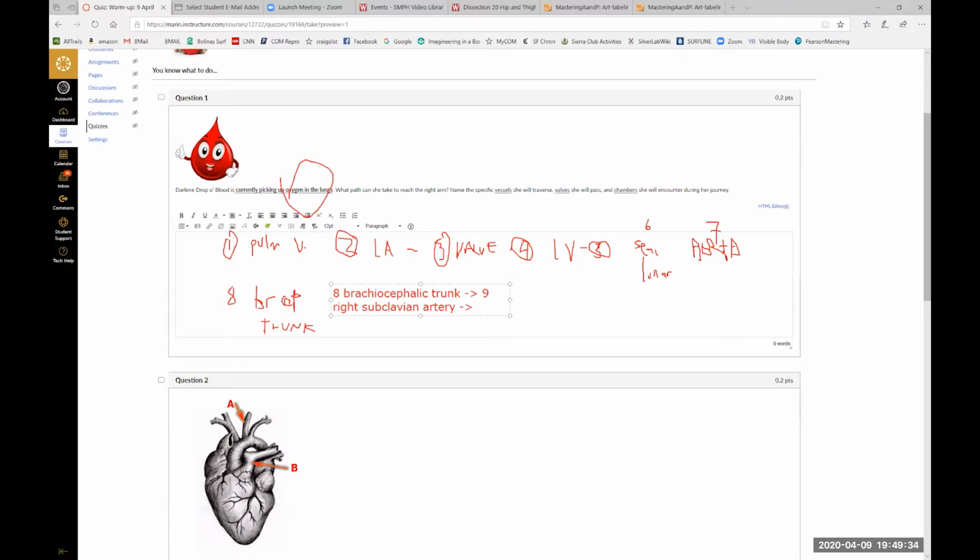Axillary artery. Yep, that's going to go to the axillary artery. And continuing on her journey. The brachial artery. Yeah, so then 11 is going to be, she's in the brachial artery. And at this point, that's all we got since she just has to get to your arm.